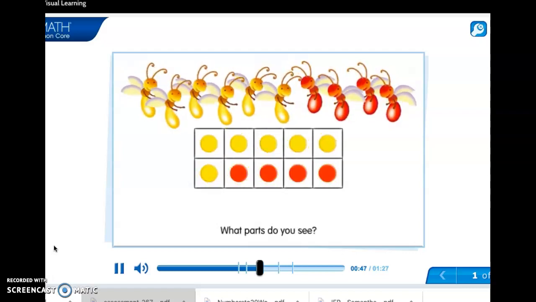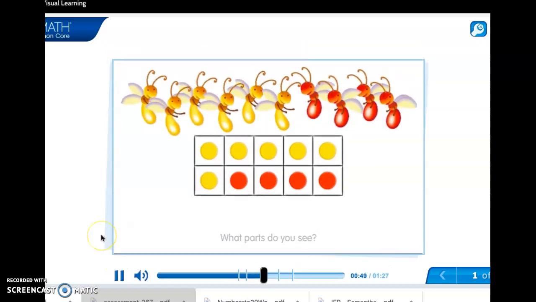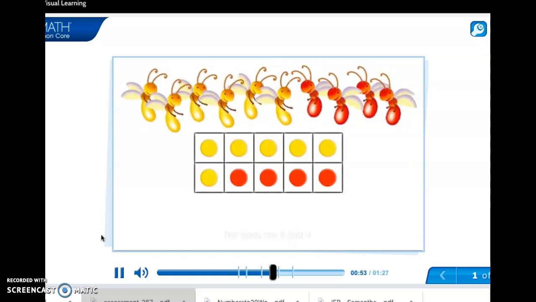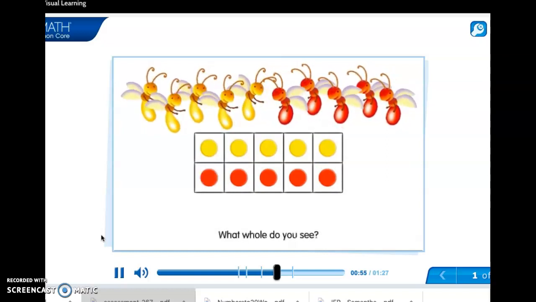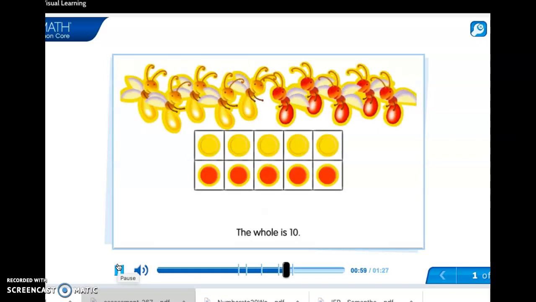What parts do you see? The parts are 6 and 4. What whole do you see? The whole is 10.